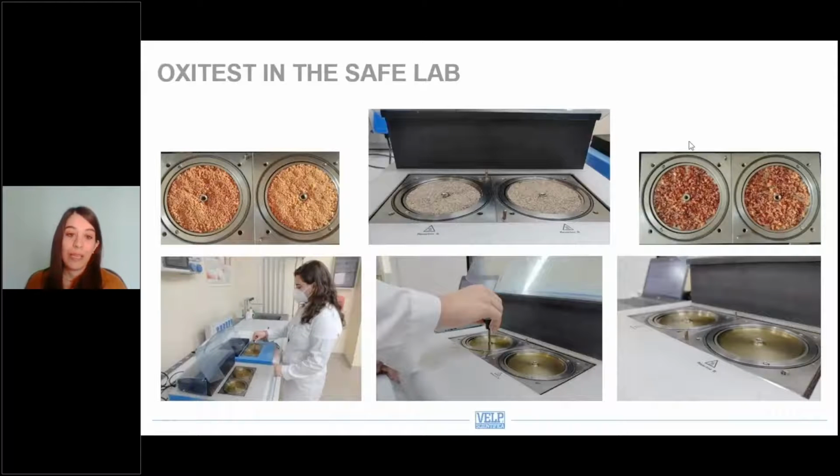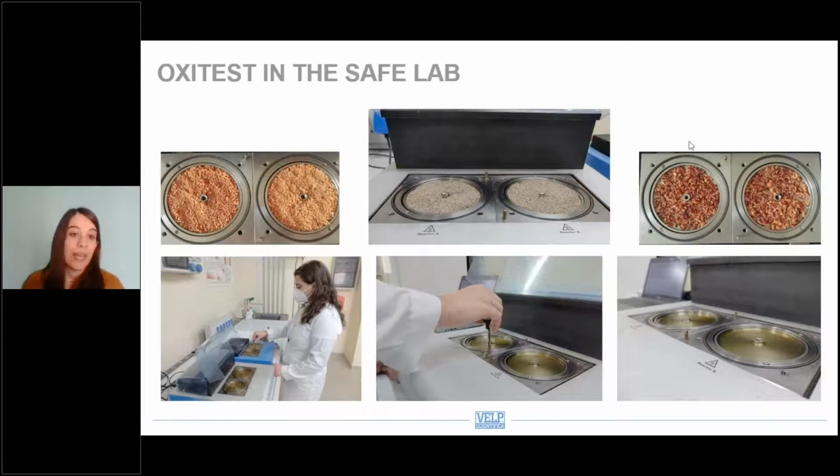So here I reported some pictures of the use of Oxitest in our lab. This is a very useful instrument. One of its main advantages is the fact that you can analyze the sample without any preliminary treatment. It is a very easy to use tool and allows to evaluate the oxidative stability of the whole product, so considering all the interactions between the ingredients.